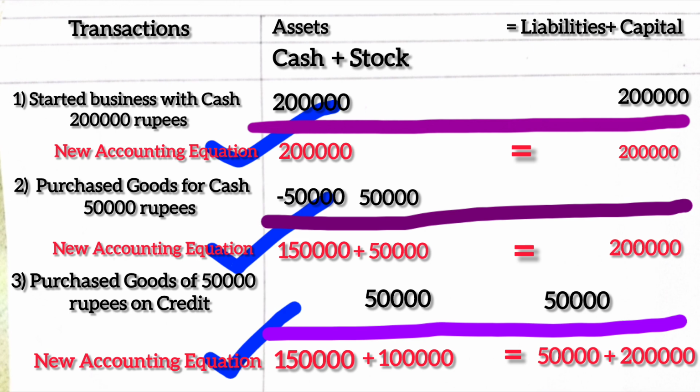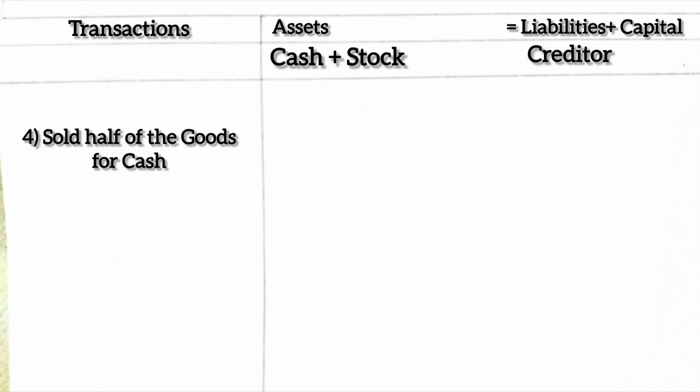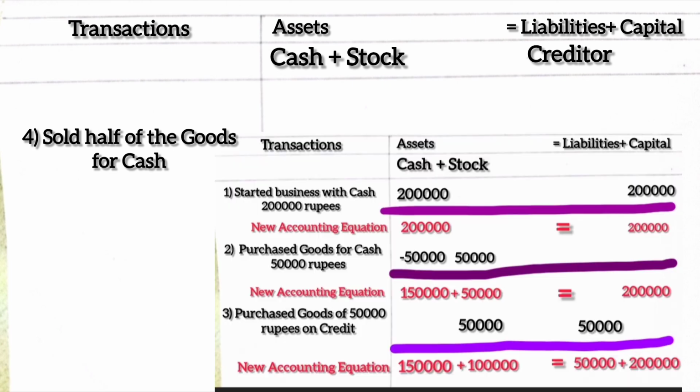Now, the next business transaction is: sold half of the goods for cash. What will happen in such a situation? We have sold the goods. So when sales take place in the business, cash comes in. Yes or no? Cash is coming in, and what's going out? Goods are going out. So in our cash column, cash will increase, and in our stock column, stock is going to reduce because we have sold the goods to our customers.